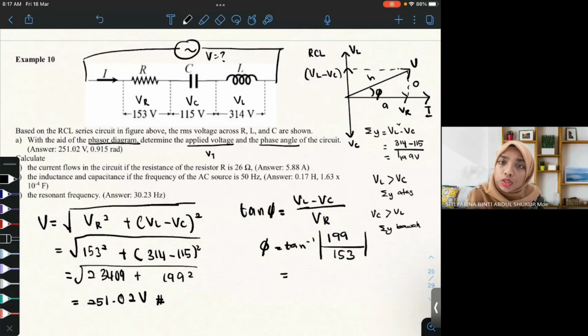Angle yang kita cari adalah acute angle, from 0 to 90 only. 199 divided 153. Shift tangent. Answer, kamu akan dapat 0.915 kat sini. Okay. Jangan lupa unit radian.